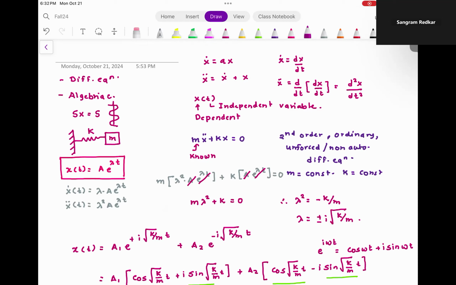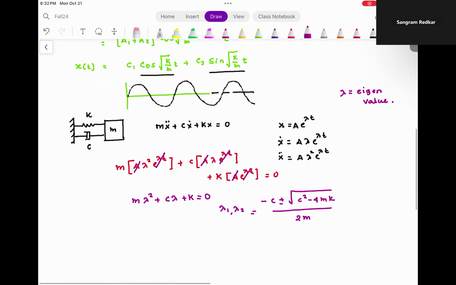So what we want to do is add these two possibilities together, and that is going to be my final and actual solution. We are solving a linear system. So which means if A is the solution, if B is the solution, A plus B is also a solution. Does it make sense? So that is the idea here.